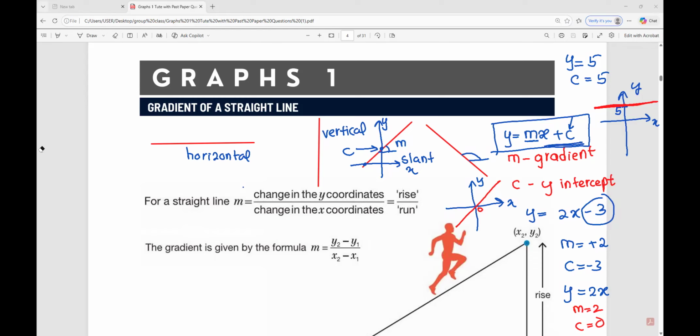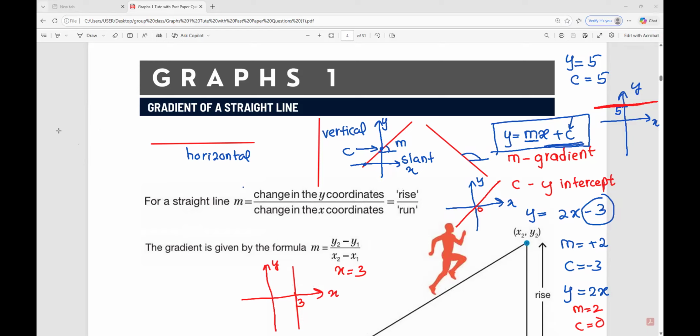And there are vertical lines also. Vertical lines pass through only the x-axis, not the y-axis. It doesn't cut the y-axis. Equation is x equals 3. The line passes through x equals 3. The line is going this way.